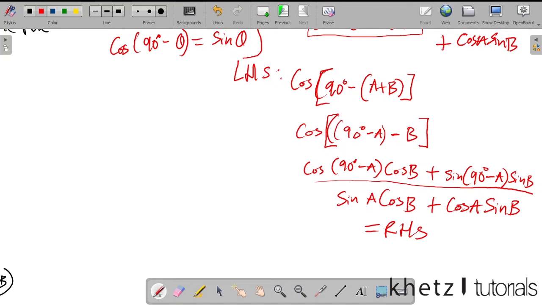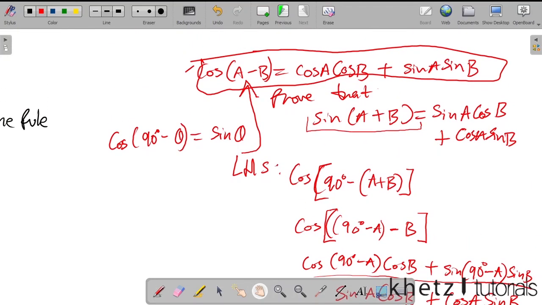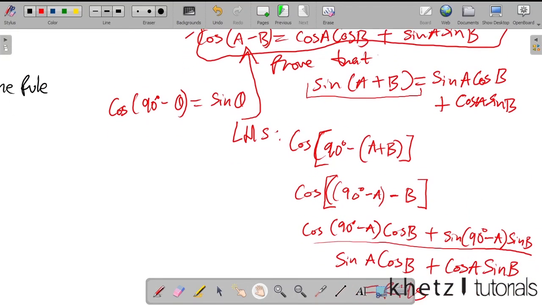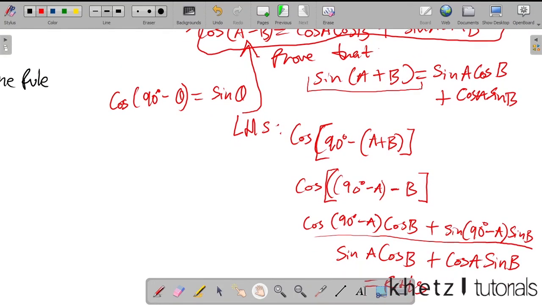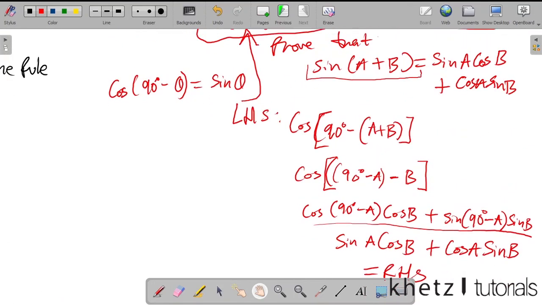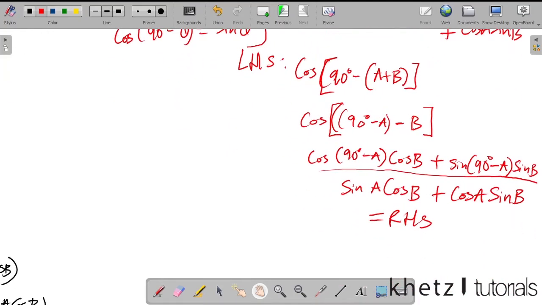So always, when you prove, you deal with one side and prove that it is equal to the other side. In our case, we started with the left-hand side and proved that it is equal to the right-hand side.